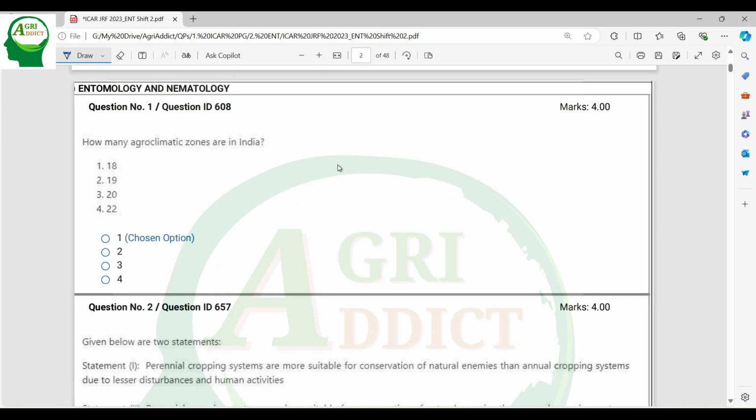How many agroclimatic zones are in India? The question is correct, but the options given are incorrect, because the number of agroclimatic zones in India is 15. There are 15 agroclimatic zones in India according to the Planning Commission.